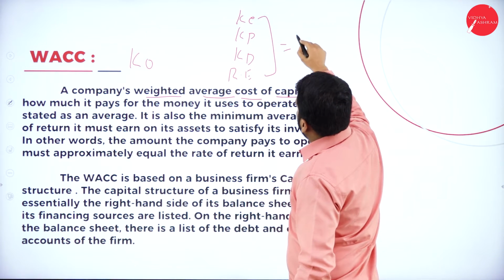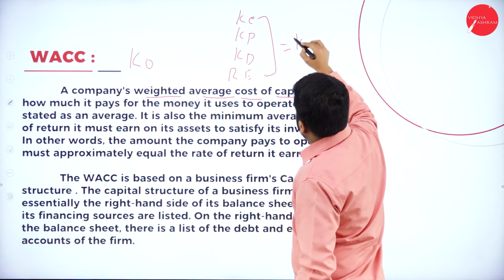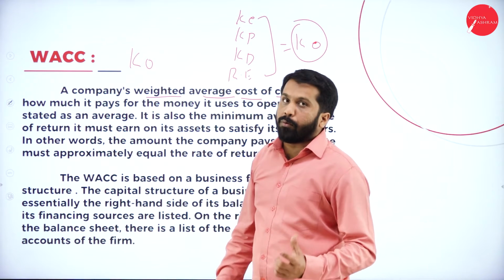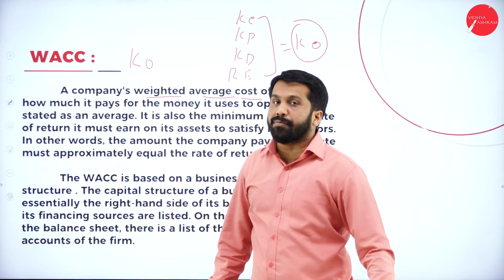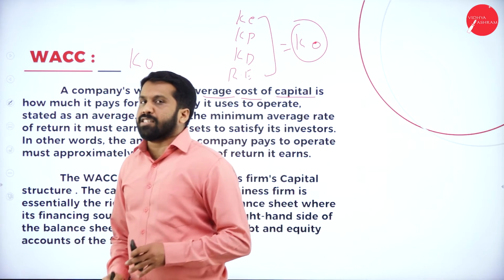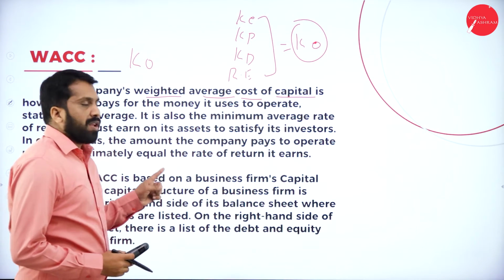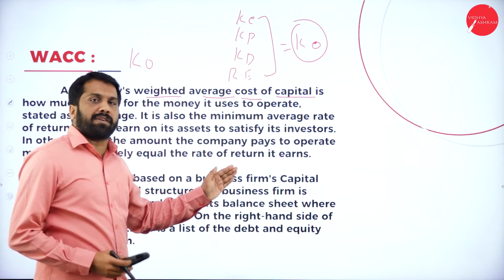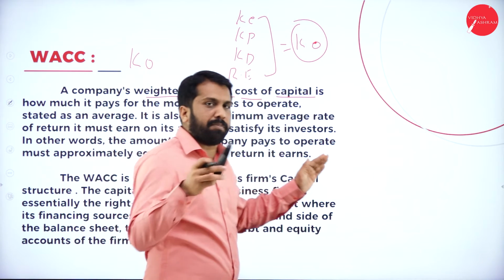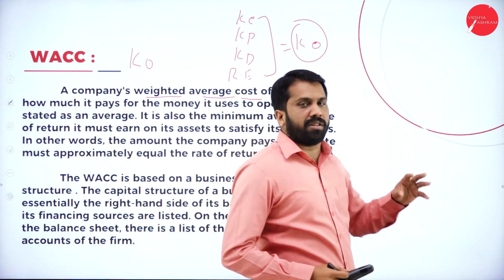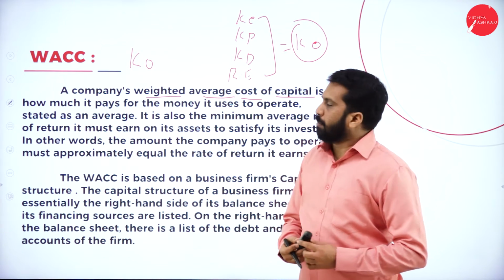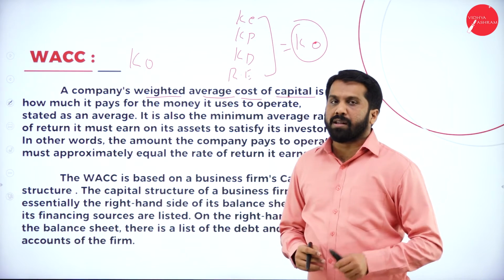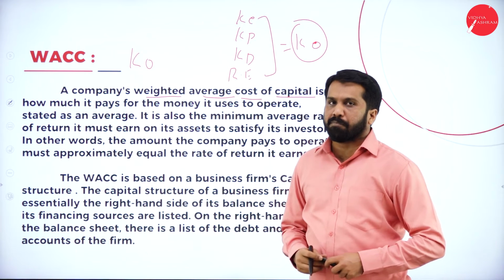All put together, we call it KO, which means WACC. Your 15 mark problem will be based on WACC only. Whatever we have discussed, cost of equity, preference, debenture and retained earning, will come for 10 mark or 5 mark questions. But WACC comes for a complete 15 mark problem.